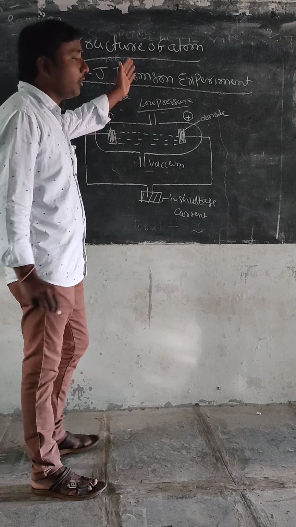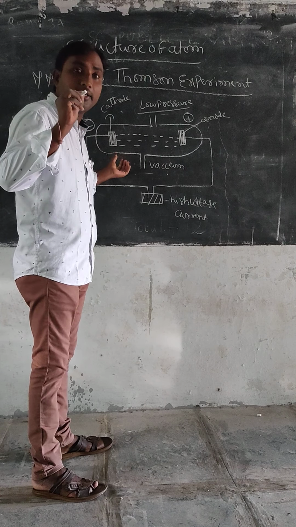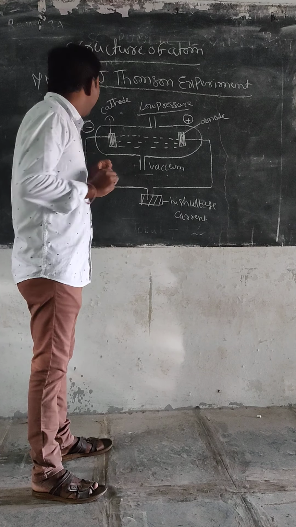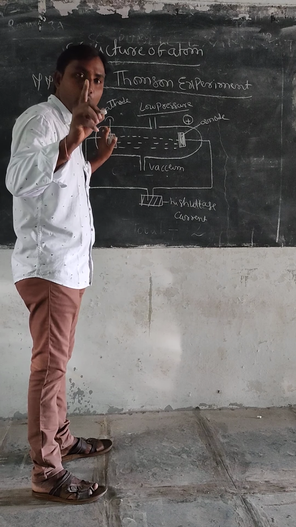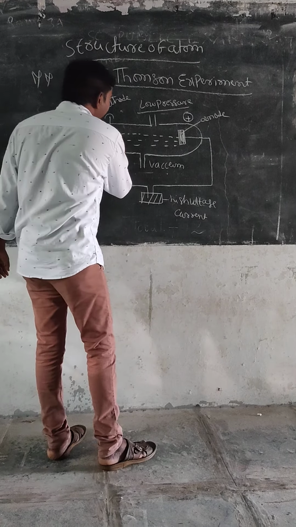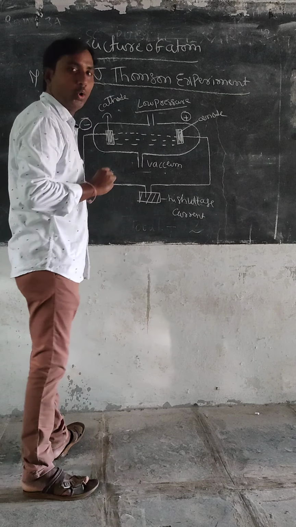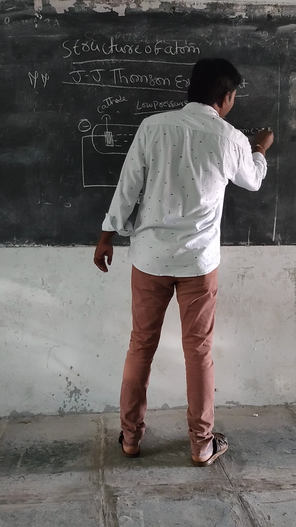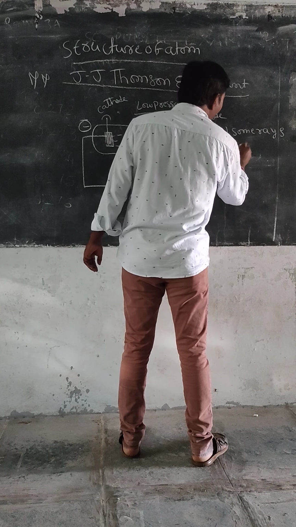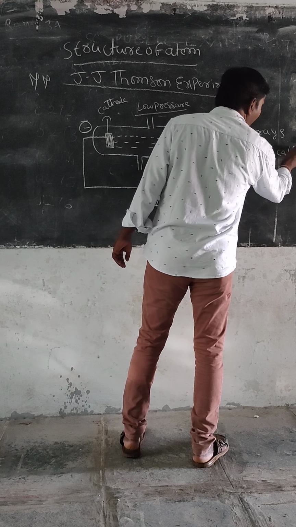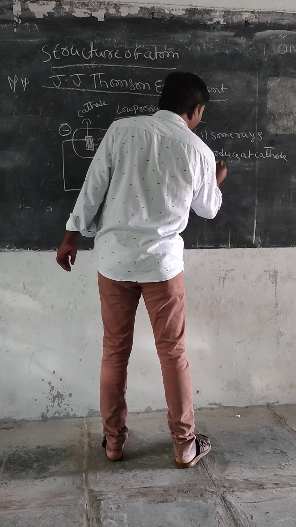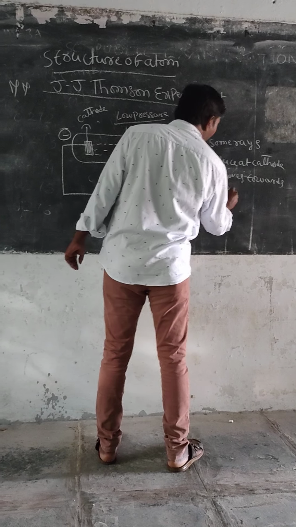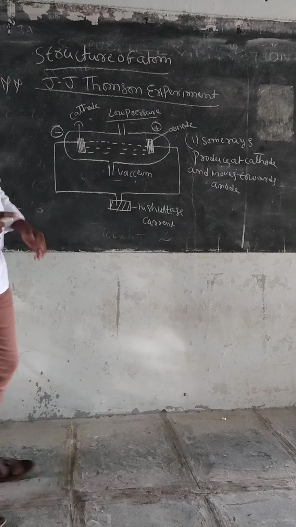So J.J. Thomson observed that when an electric current is applied to the discharge tube, some rays are produced at the cathode and these rays move towards the anode. This is the first point.